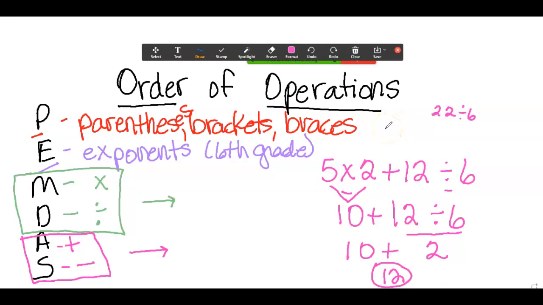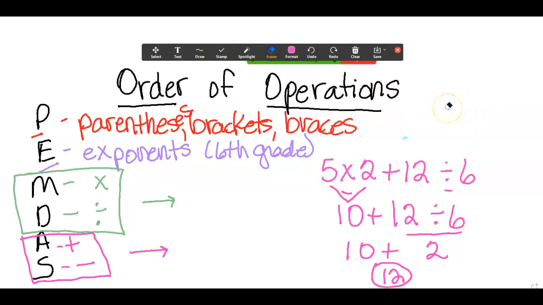Next year in 6th grade, you will be doing decimals and fractions within order of operations, but since this is the first time that you're seeing order of operations, you probably should not have any answers that would have a remainder of any sort. So that could be a clue that you use to see whether that answer is reasonable or not.